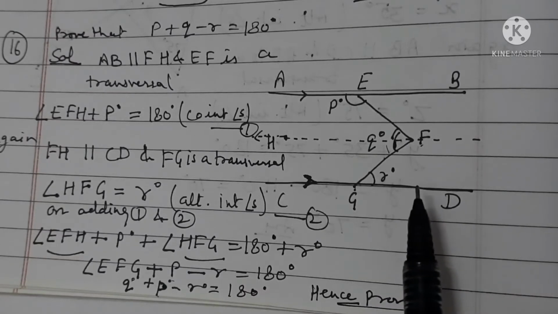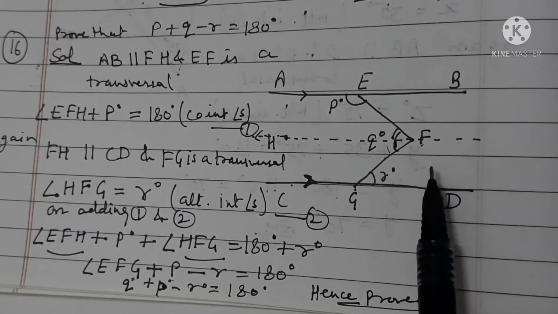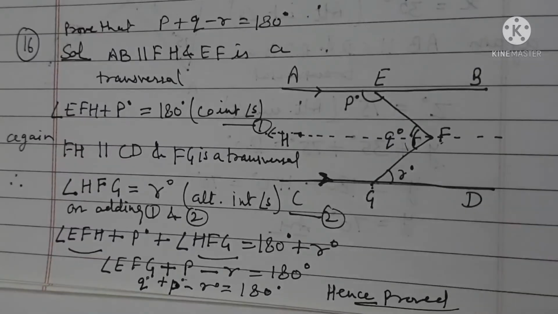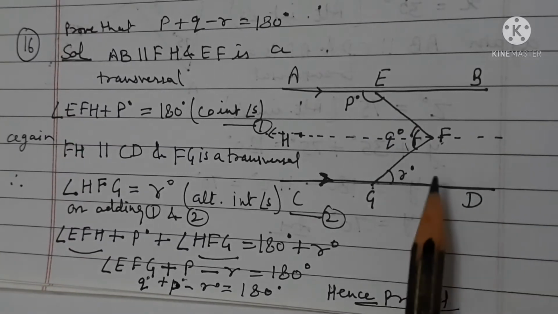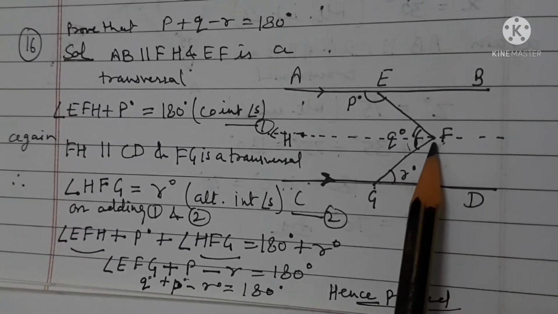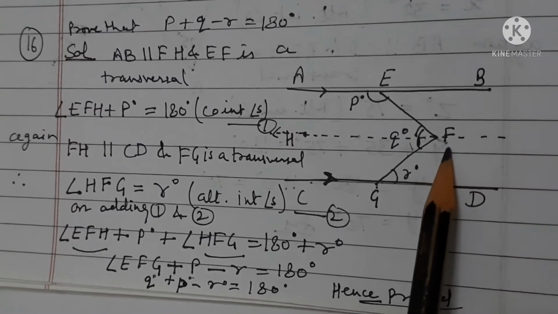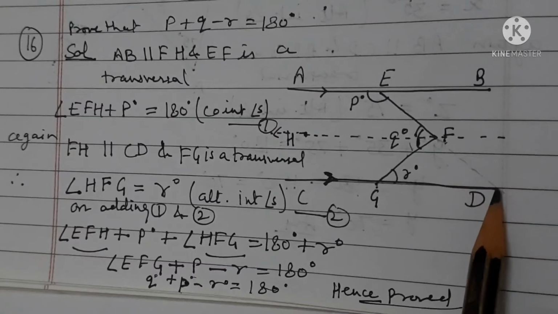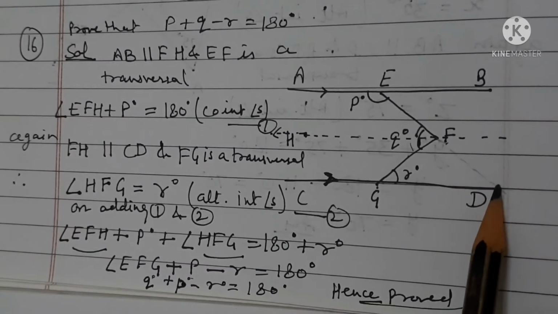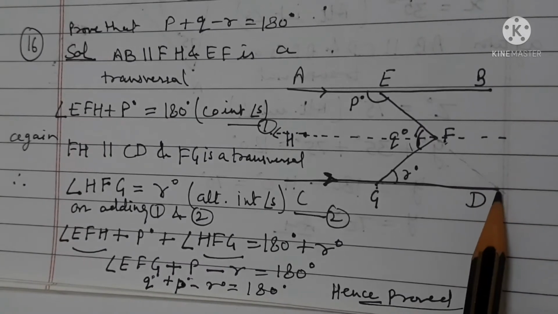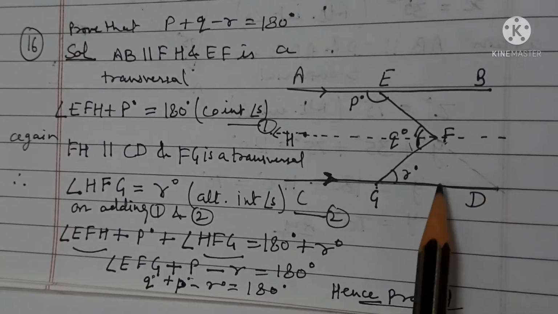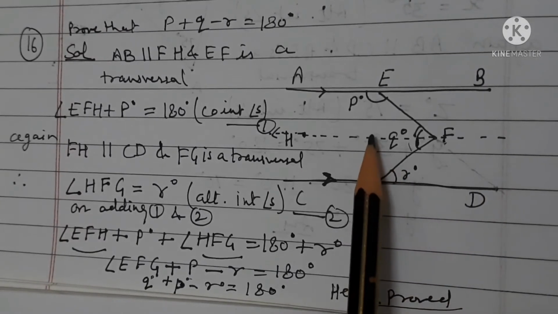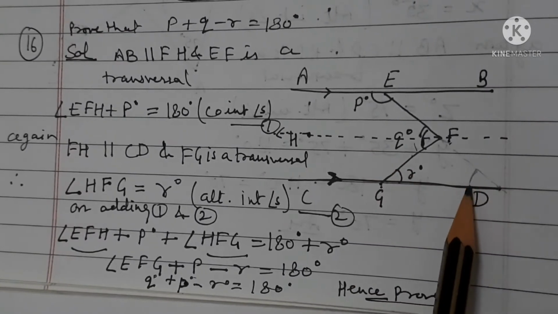Now you can use the method of your choice. One more method I am explaining, not doing here. Extend it like this, so it will intersect here. Give it a name. And what about this angle?